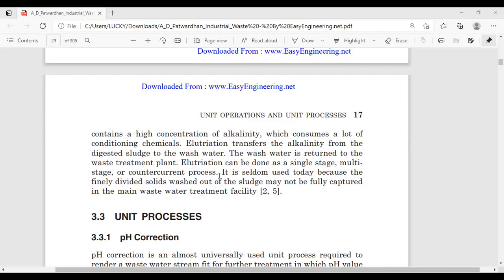Elutriation can be done as a single stage, multi stage, or counter current process. It is seldom used today because the finely divided solids washed out of the sludge may not be fully captured in the main wastewater treatment facility.